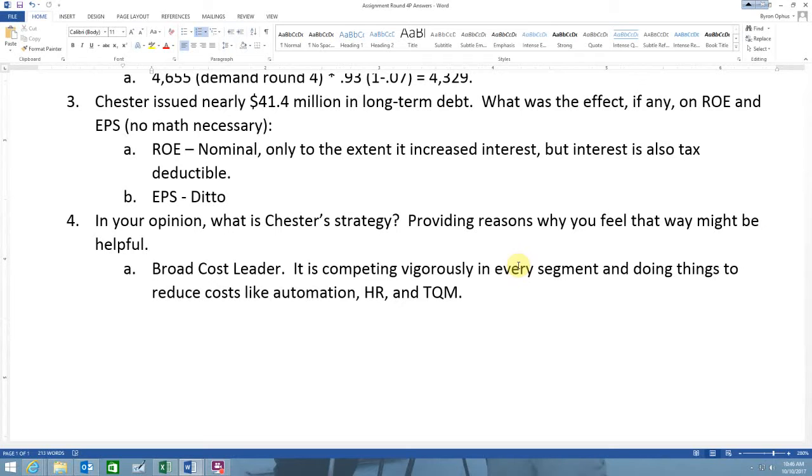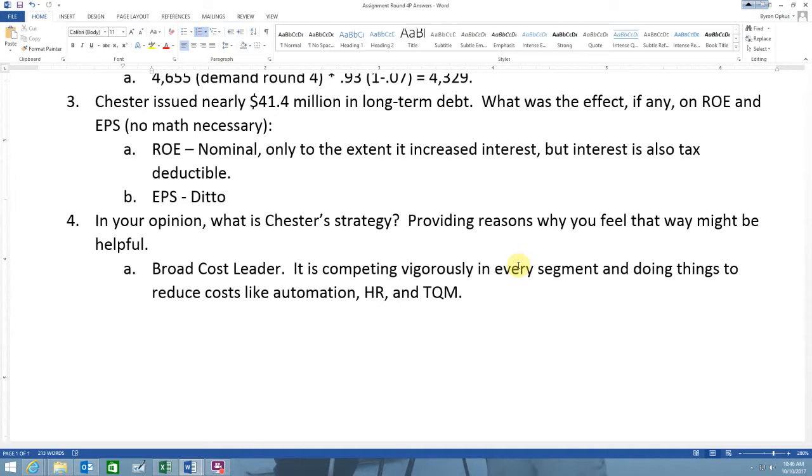And the 4th one I rule out is the high niche, again because it's competing vigorously in the traditional and the low. So I'm only left with 2. It's either a broad low cost or a broad differentiator. Those are hard to distinguish. If you put either one of those down, I'm probably going to give you pretty good credit as long as your reasoning's okay.